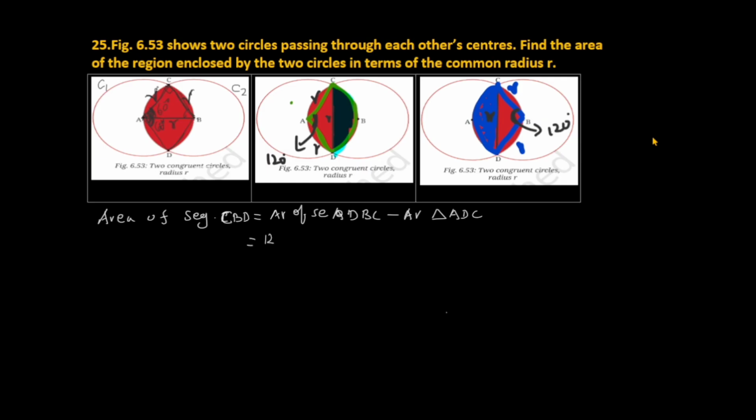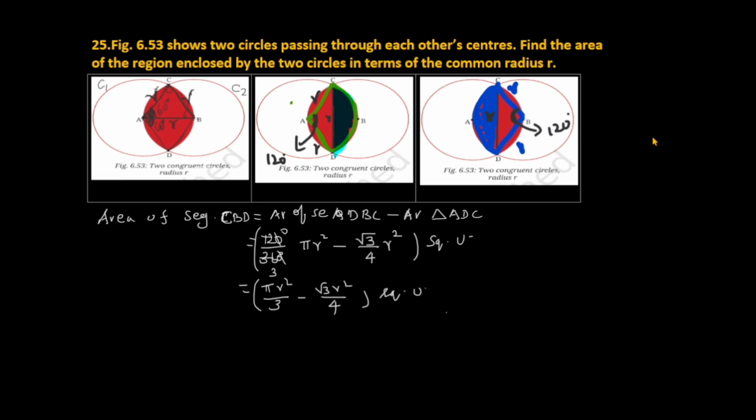So sector angle 120 degrees by 360 degrees, pi R squared, minus the equilateral triangle area, root 3 by 4 side squared, R squared square units. This is the area of one segment. The zeros cancel, and 12 cancels 360 three times. So pi R squared by 3 minus root 3 R squared by 4 square units. This is the area of one segment.